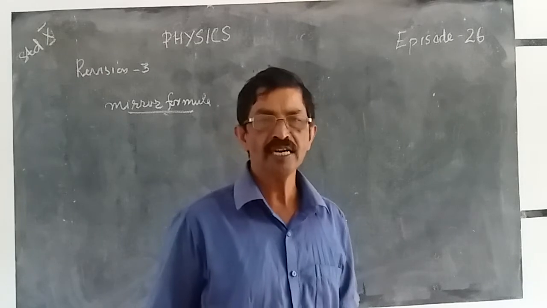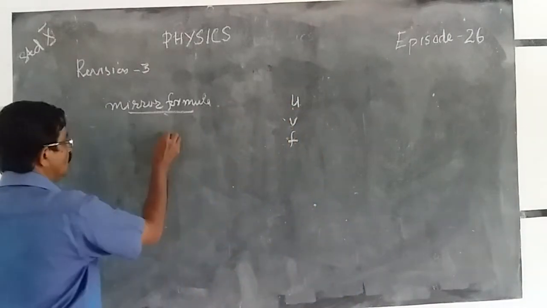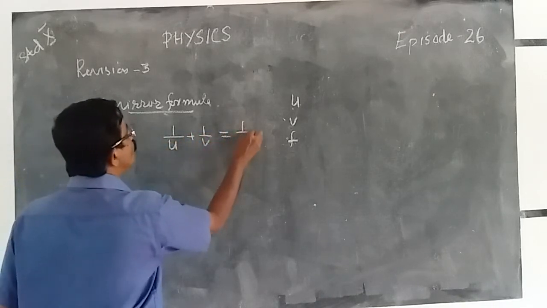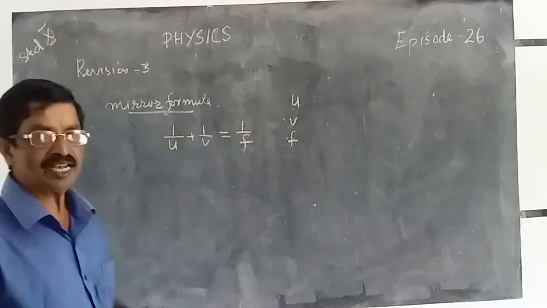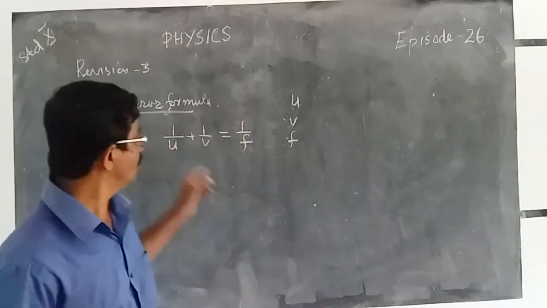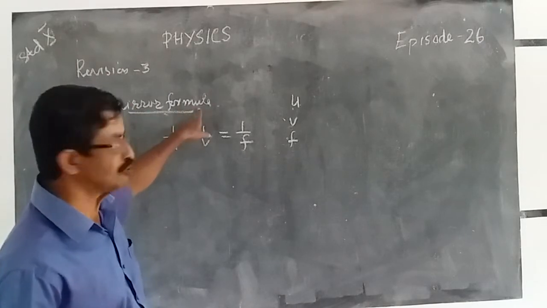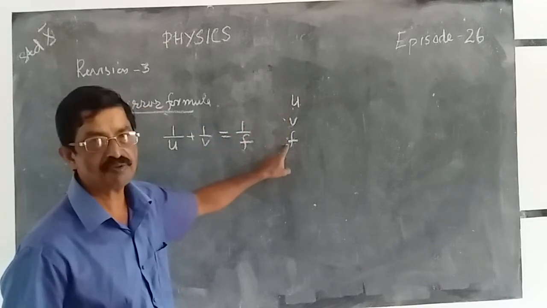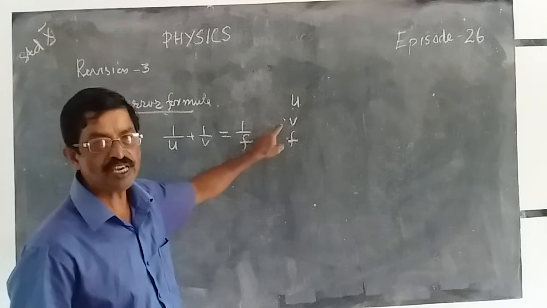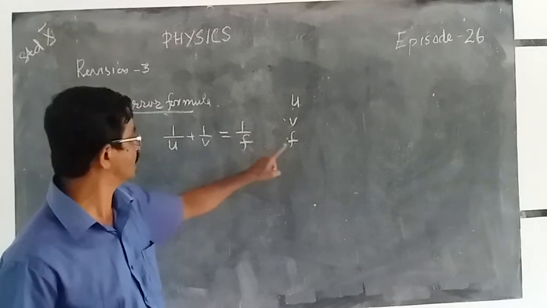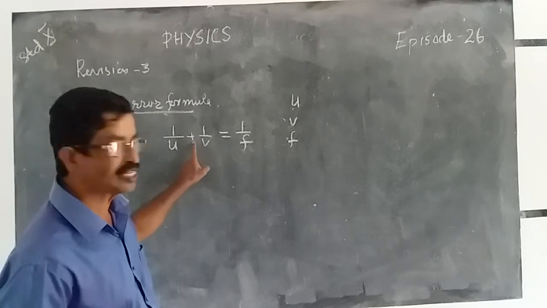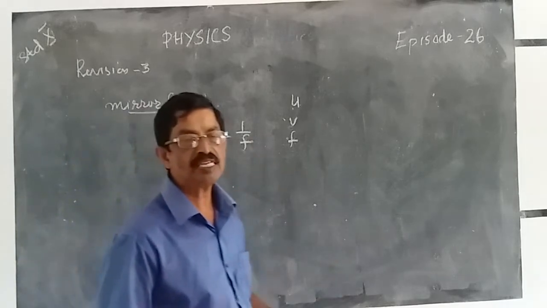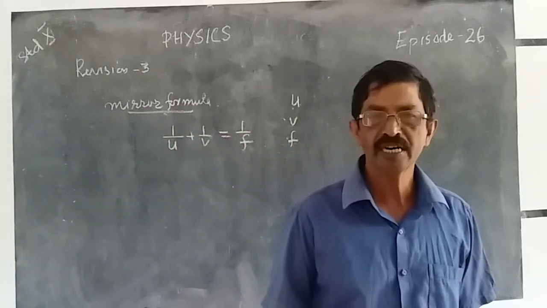And the formula is 1 by u plus 1 by v is equal to 1 by f. A relation connecting u, v and f, connected in this way, 1 by u plus 1 by v equal to 1 by f, is called the mirror formula.